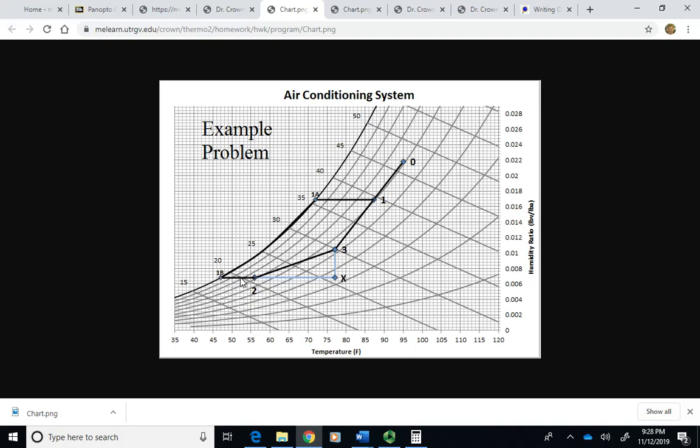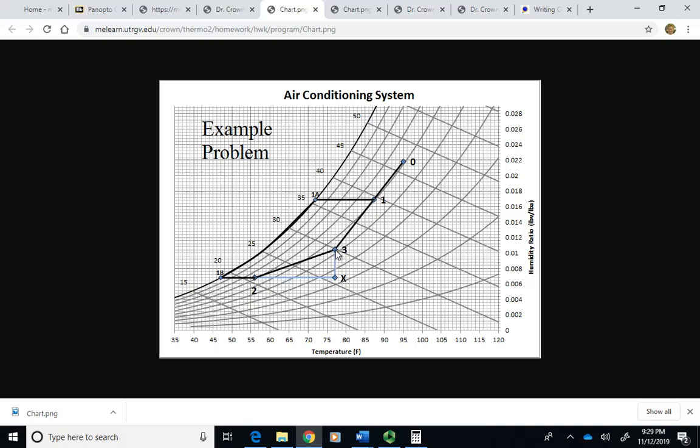Then it gets heated in the electric heater until it gets to state 2 and then dumped back into the space. And the space does two things. It heats it and it humidifies it. And this state X here represents the enthalpy change for what's called sensible heating. And then this is called the latent heating, the constant temperature raising the humidity ratio.